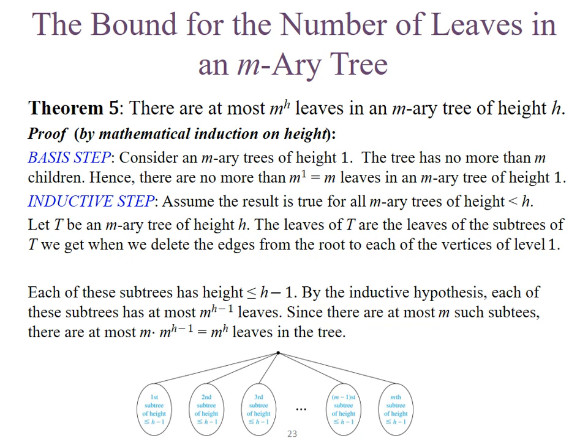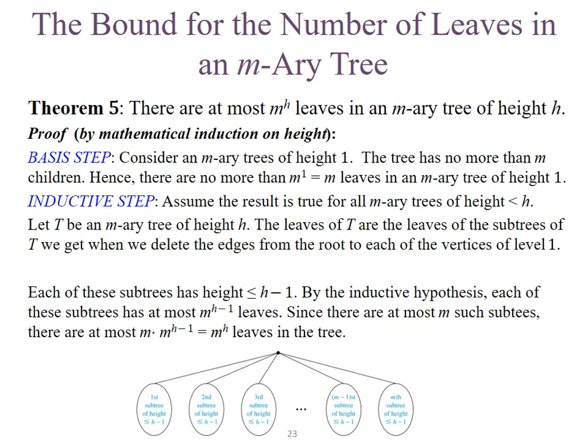So if it's an m-ary tree of height 1, it has no more than m children, so there are no more than m to the power of 1 leaves. This is correct because we just have an m-ary tree, not a full m-ary tree. So at most we will have m leaves, but we can have fewer than m leaves: 1, 2, 3, 4, up to m. So the basis step is okay.